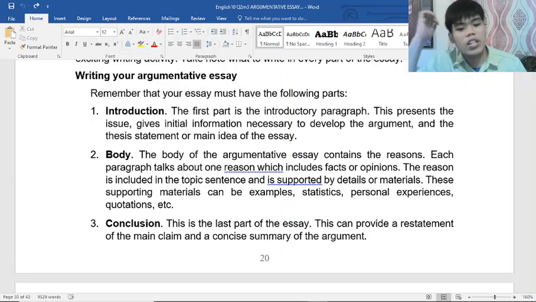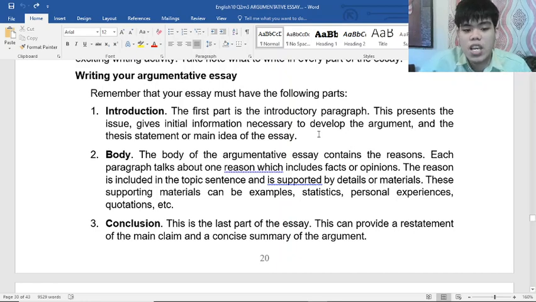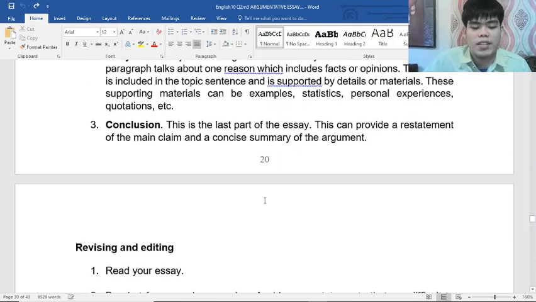The introduction presents your initial claim, gives initial information necessary to develop the argument, and states your main idea of the essay. The body, of course, contains your reasons and your evidence, your data. The conclusion provides the restatement of your main claim and the summary of the argument.